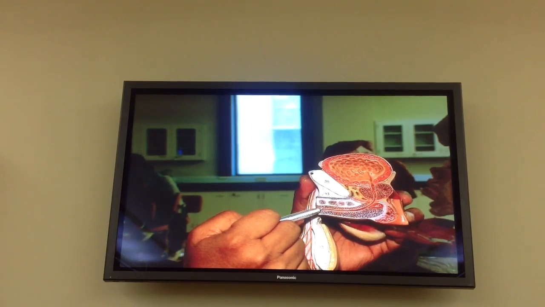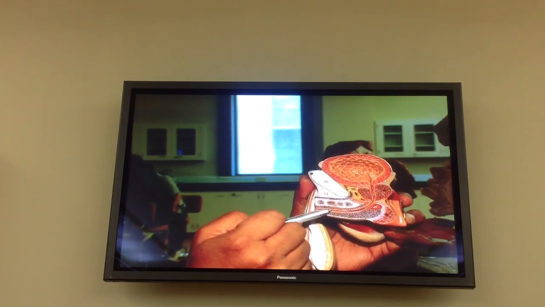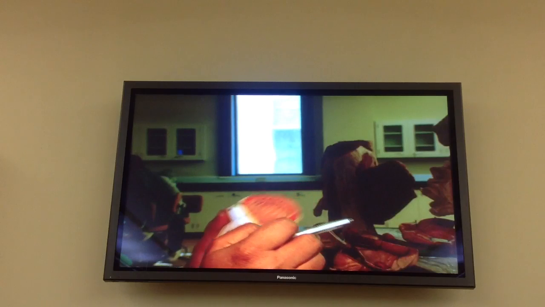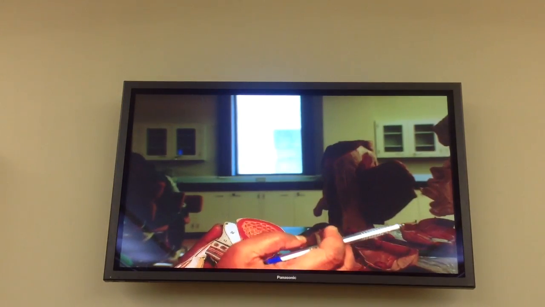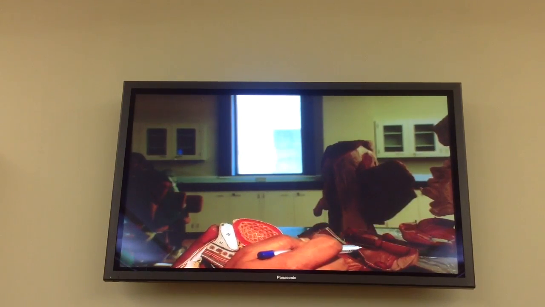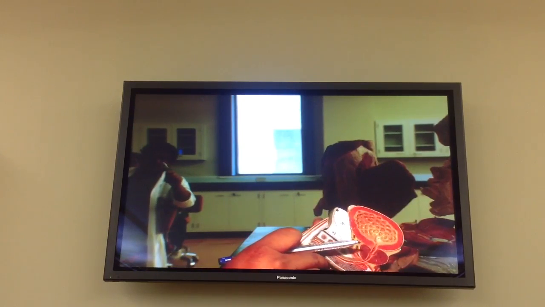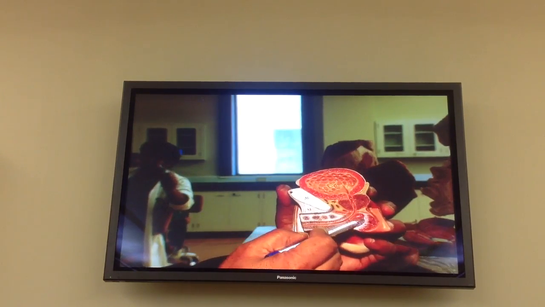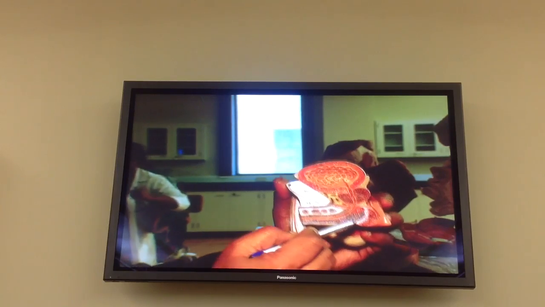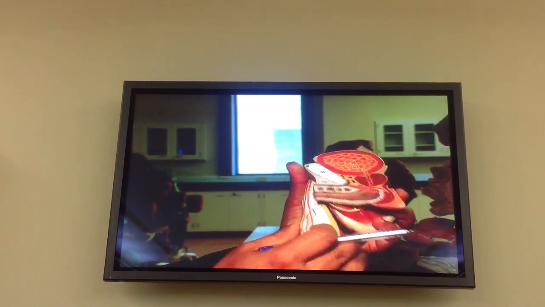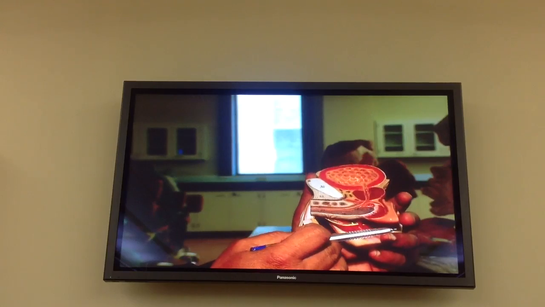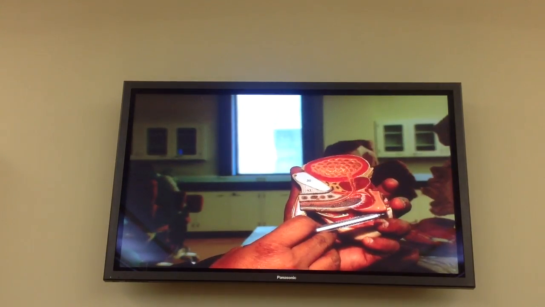Penile urethra. The urethra in the penis is called penile urethra. Okay. You said bulb of what? Bulb of penis. This one. BULB. Okay.